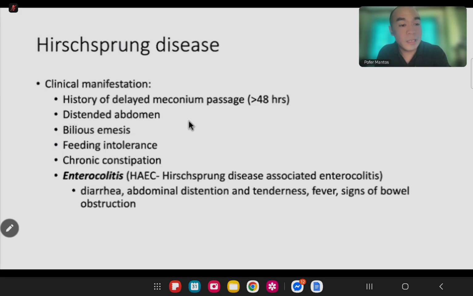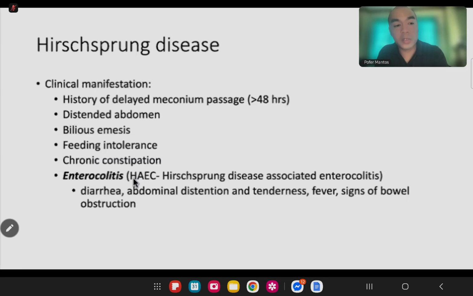And because of the distended abdomen, there could be feeding intolerance in this patient. Of course, there is chronic constipation, and then the enterocolitis, which is the dreaded, life-threatening complication of Hirschsprung, otherwise termed Hirschsprung's disease-associated enterocolitis.